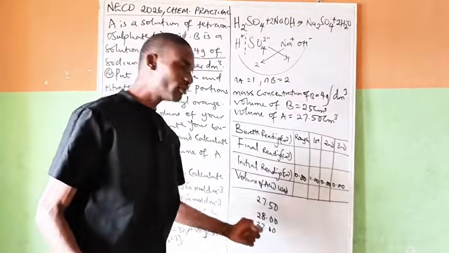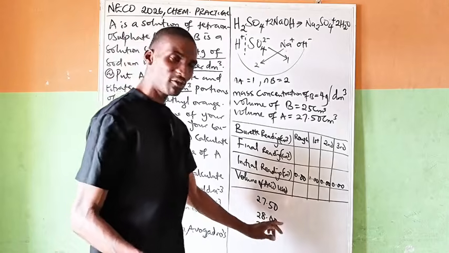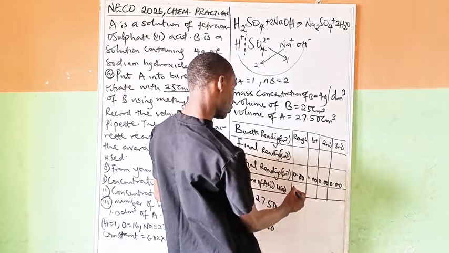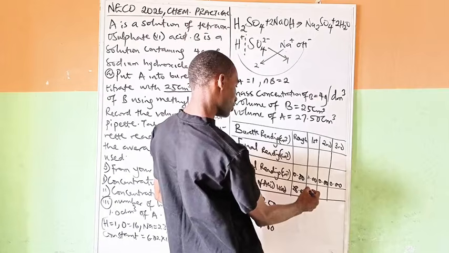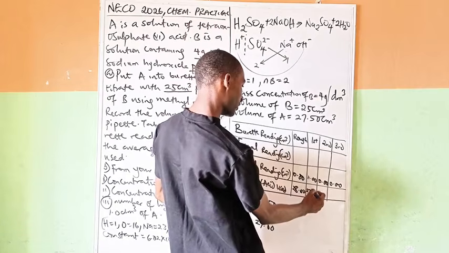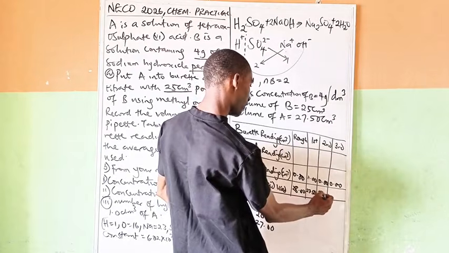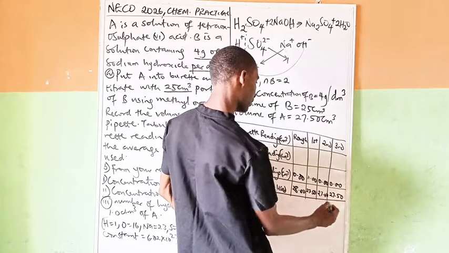So these are the values I'll be working with, because they are within the range of this 27.50. So what I will just do here, I can put 28.00, 27.50, 27.00, then 27.50.